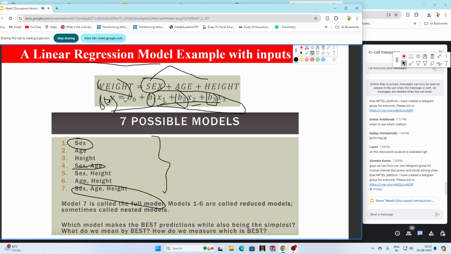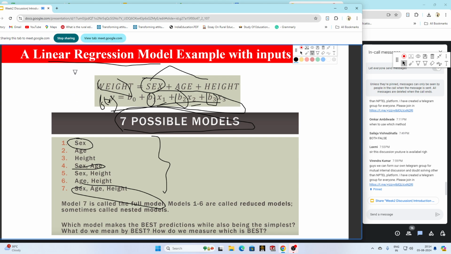So f(x) is equal to b naught plus b1 x1 plus b2 x2 plus b3 x3. In the previous slide we called b as beta; that is the only difference. So we have a linear regression model with all three things: sex, age, and height. Now there are seven possible models we can derive from this machine learning model.